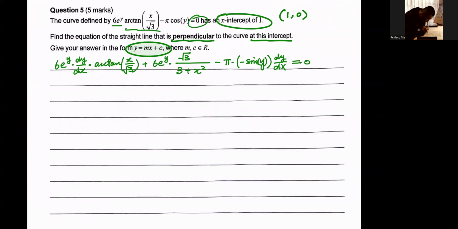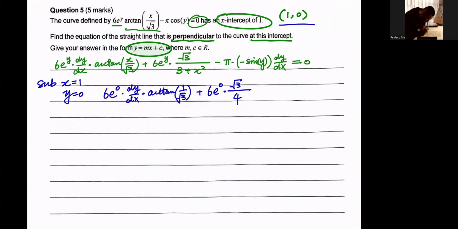The right-hand side differentiated is also 0. Now we will make a substitution. Sub x equals 1, y equals 0: 6e^0 times dy/dx times arctan(1 over root 3) plus 6e^0 times root 3 divided by 3 plus 1, which is 4.